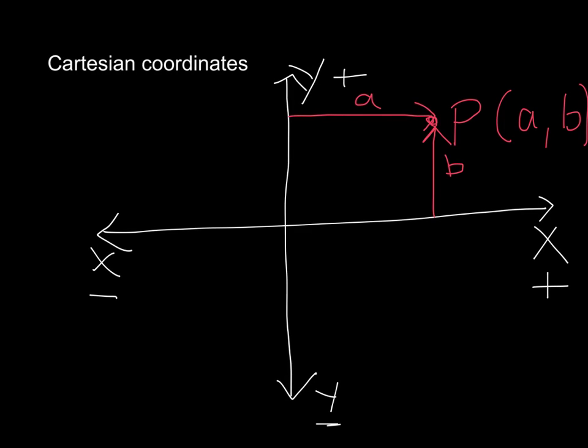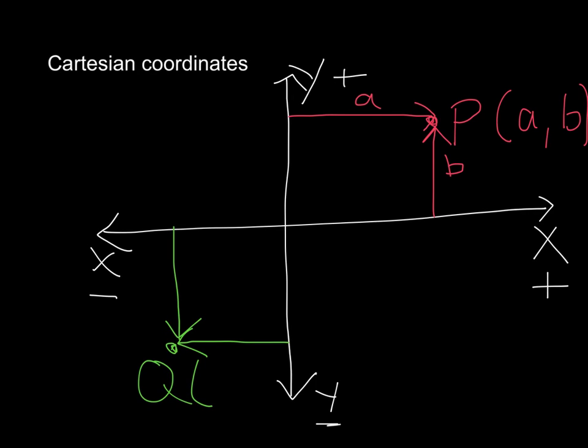In a similar way, if we have a point down here, let's say that's Q, we want to specify the coordinates of Q, in other words the x and y location of Q. We specify first of all how far across we need to go in the x direction and how far down or up we need to go in the y direction.